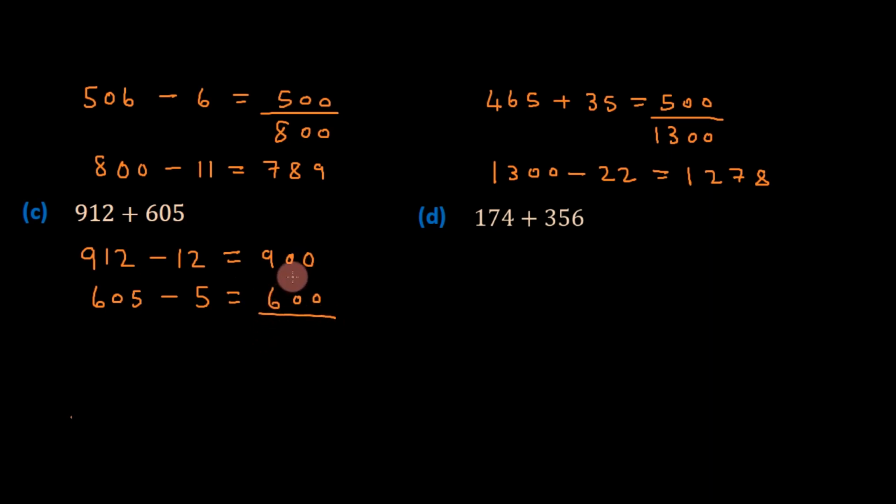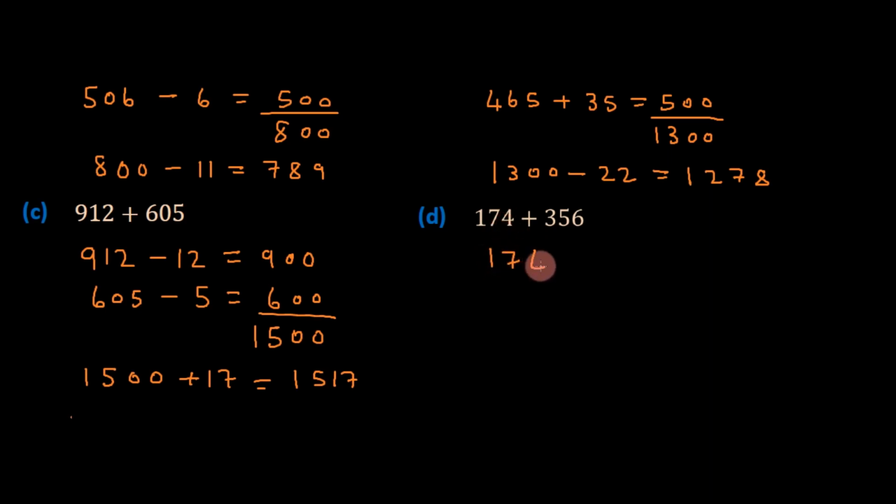In this case, our estimate will be 900 plus 600, which is 1,500. Now, in this case, we rounded down in both cases by a total of 17, 12 plus 5. So we've got to add 17 to this answer. So the actual answer is then 1,500 plus 17, which is 1,517.